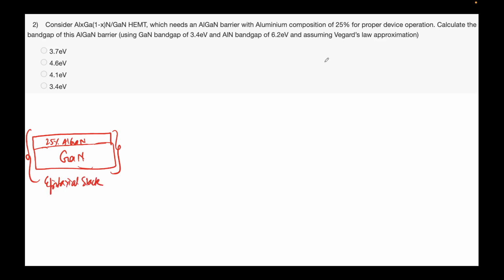Calculate the band gap of this AlGaN barrier. They've given this layer a name, barrier. We need not worry about why it's called barrier. We are required to find the band gap of this specific 25% AlGaN barrier, and we are given the respective band gaps of aluminum nitride and gallium nitride.